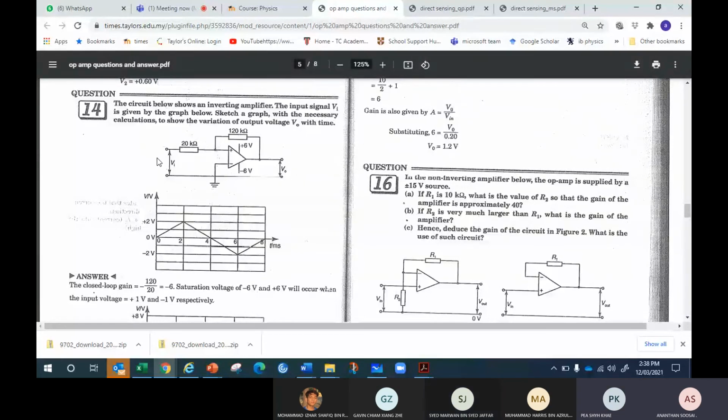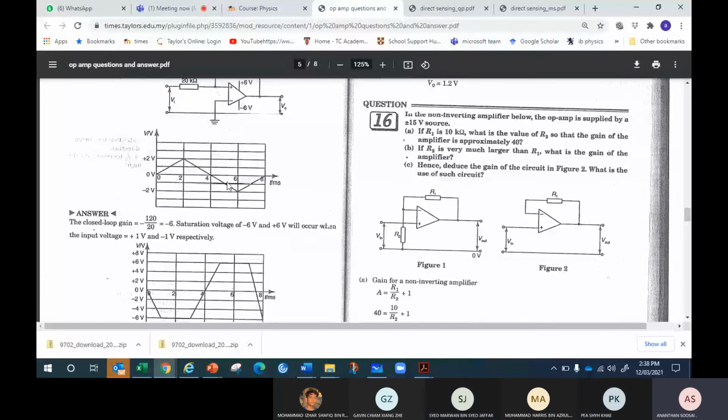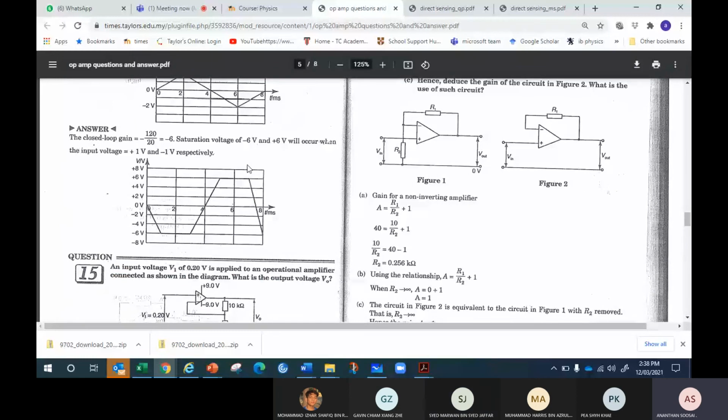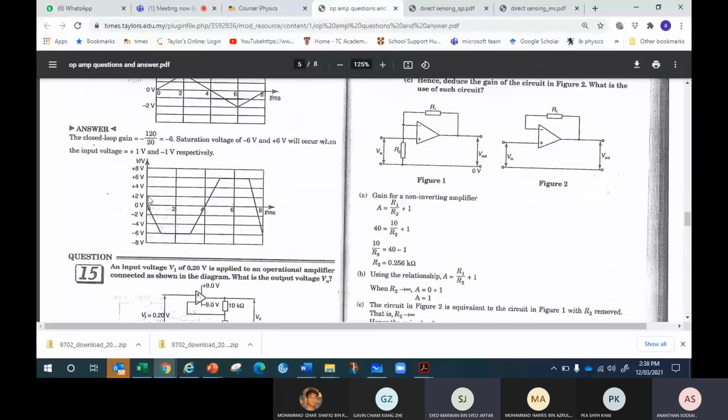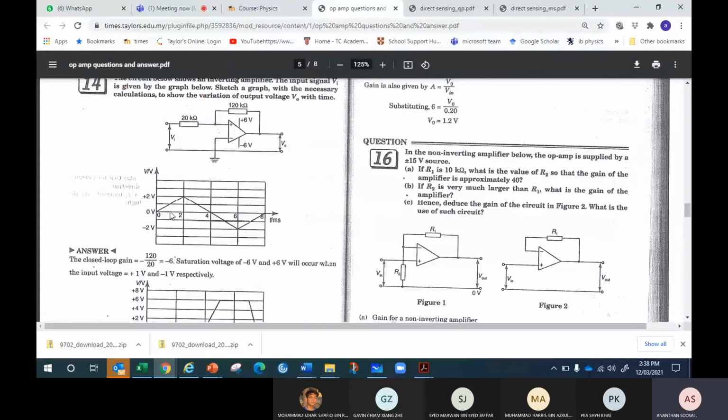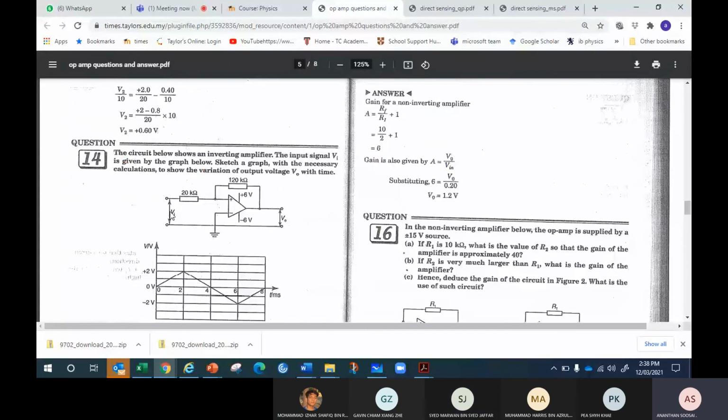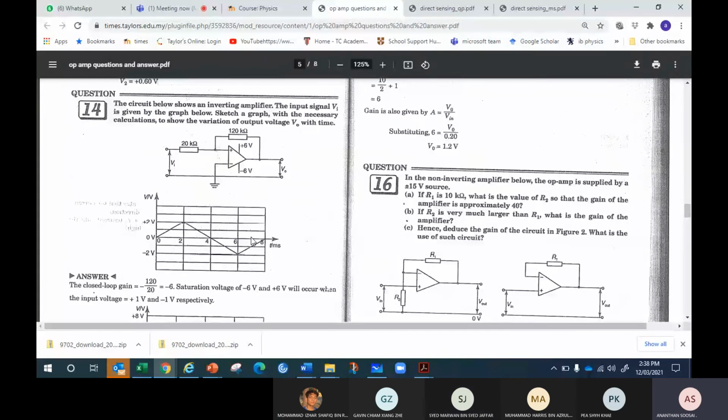This is non-inverting. But later when they give the solution, it looks like the input is inverted. That means if the solution is correct, they made a mistake in the diagram. What mistake did they make in the diagram?